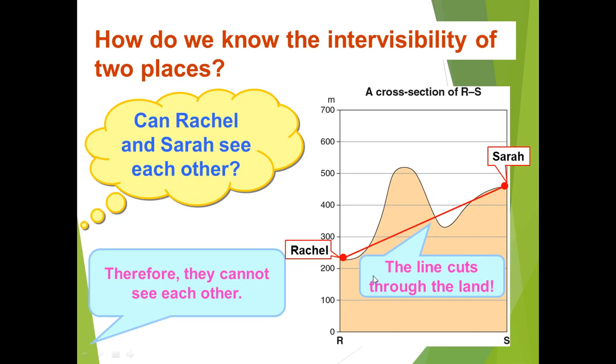But sometimes you can see the relief object may block the line. So in this case, the two points are not intervisible, and these two people cannot see each other. So this is a minor application that may be useful when you are going to the countryside.